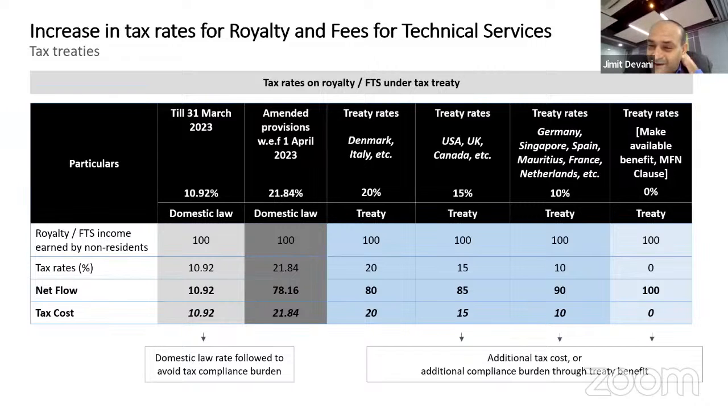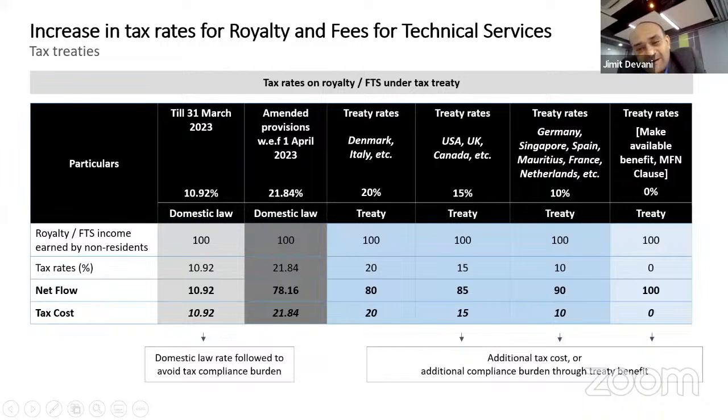If you look at the treaty rates with the US, UK, and Canada, the treaty rate is 15%. Of course, under those treaties there are make available benefits, there are make available clauses. Just in brief, what do we mean by make available?